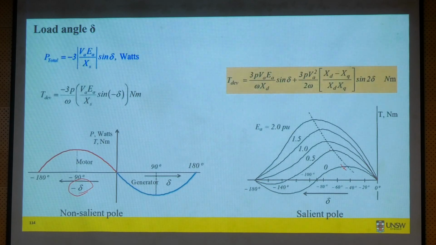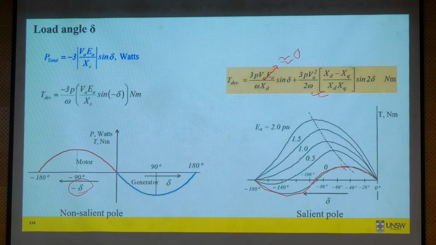Okay, and if we make this E0, EA equal to 0, that means lambda PM is 0, we have only this reluctance component, right? Which is the characteristic of a synchronous reluctance machine.